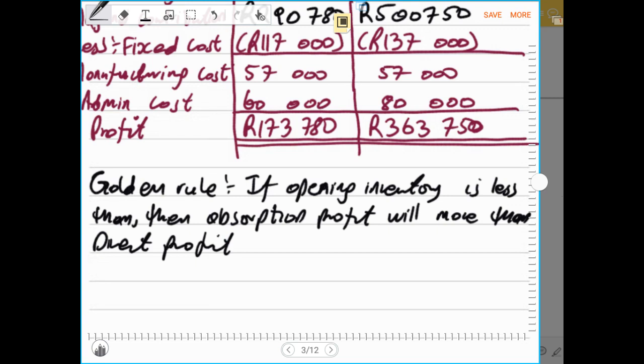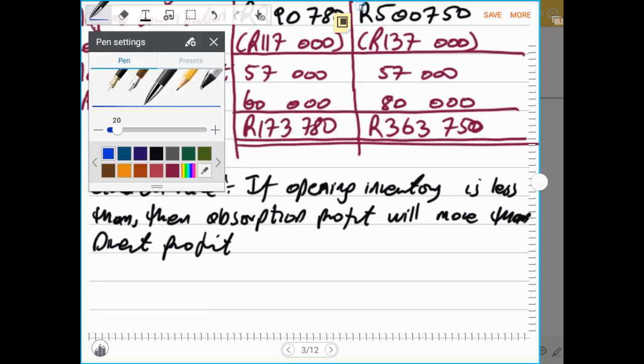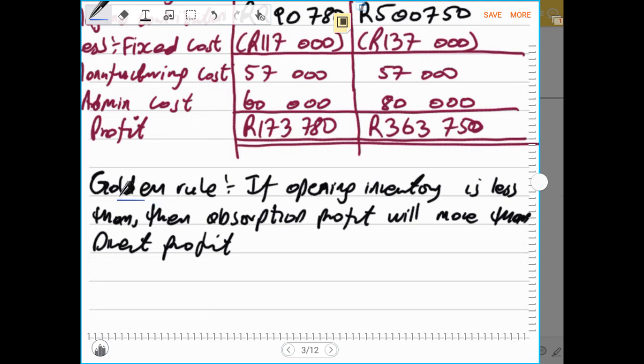Let us check how this is going to happen in this case. And remember, now we are saying if opening inventory is less than closing, then absorption profit will be more than direct profit.